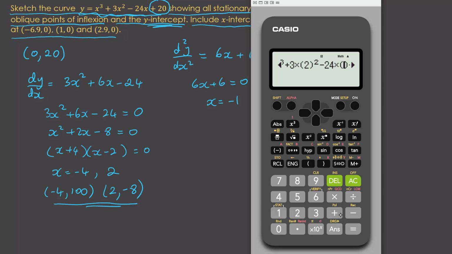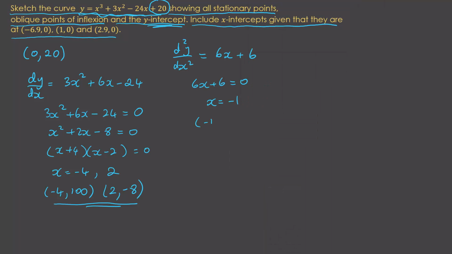I edit those 2s into negative 1s. So negative 1 there, and 1 more to go, and negative 1 there, and that's 46. So negative 1, 46 is an oblique point of inflection.